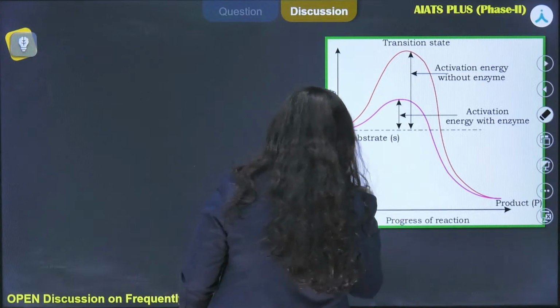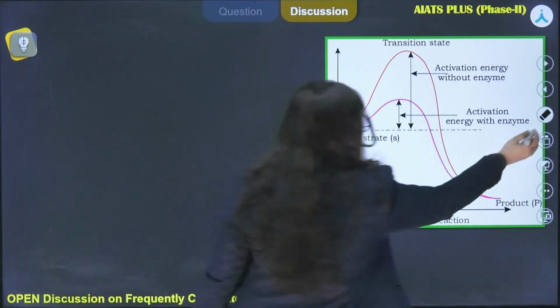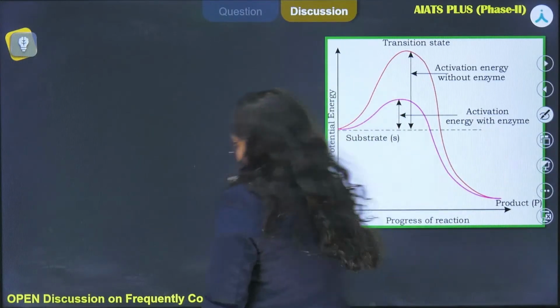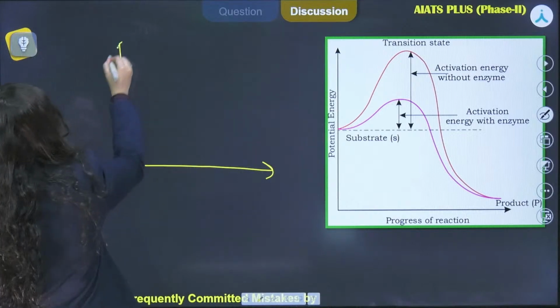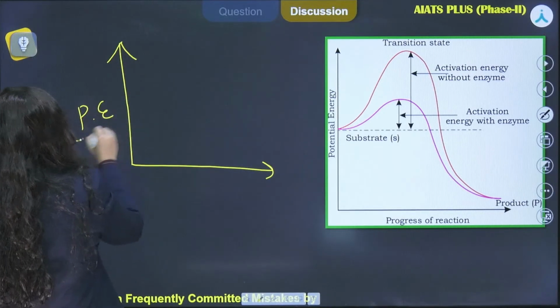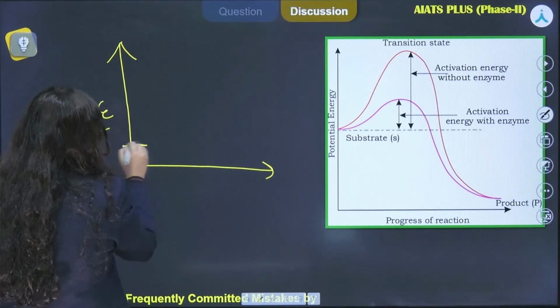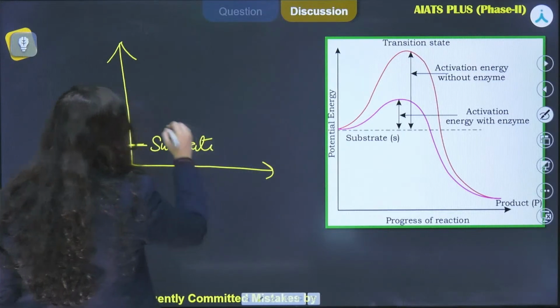Let us draw it separately for better understanding. So if the diagram was for an endothermic reaction, and we mark potential energy here, our substrate will be at a lower level in comparison to the product.